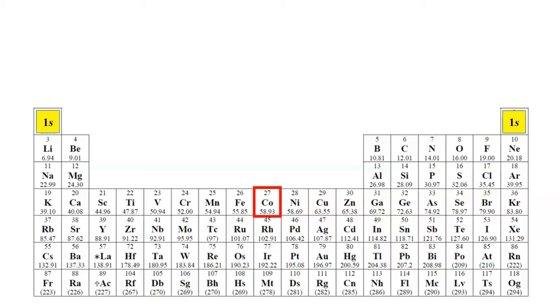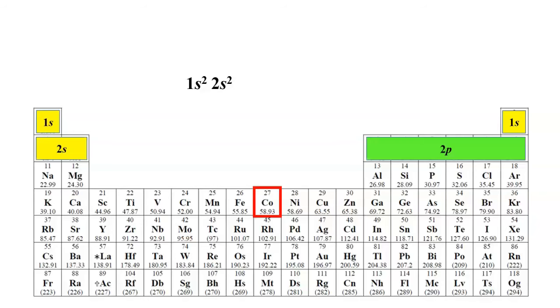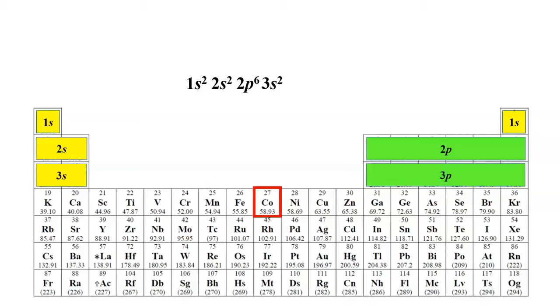So beginning with 1s2, and then followed by 2s2, 2p6. Moving on to the third period, it would be 3s2, followed by 3p6. And now in the fourth period, it's going to be 4s2. And remember, that middle section of the fourth period is actually 3d.